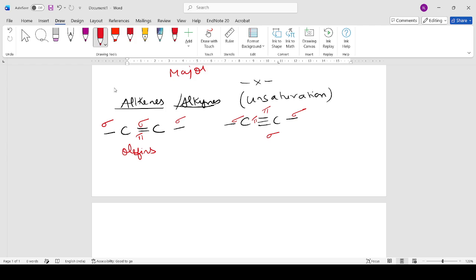So qualitatively, they will be able to answer the unsaturation test. What tests are they? Baeyer's test with the potassium permanganate, followed by chlorine water test or bromine water test, where the orange color liquid will become colorless.